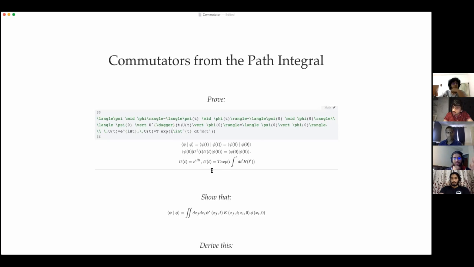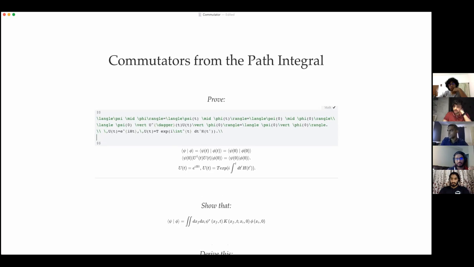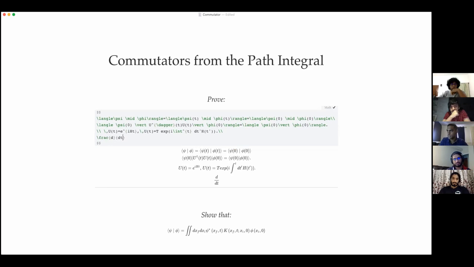Question. For the time ordering, that's not something that just exists, right? That's something we have to put in by hand. Well, no. Let me tell you what this means. This is actually kind of interesting. The defining property of this u is actually a differential equation.